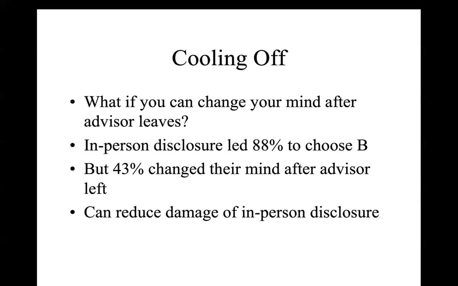Where there might be an incentive for the advisor to take advantage of the client. And when they recognize this for the first time as a result of disclosure, there is some loss in trust, which isn't necessarily a bad thing.